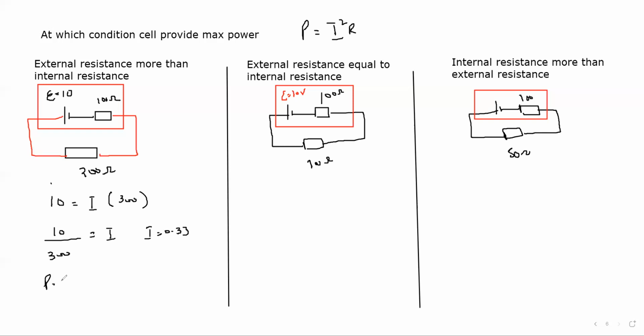And we need the power, so P is equal to I squared R. So 0.033 squared multiplied by the external resistance, because we are finding at which condition it will transfer the maximum power. So 0.033 squared multiplied by 200.